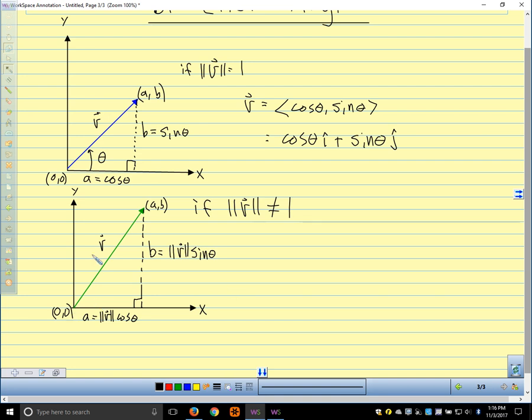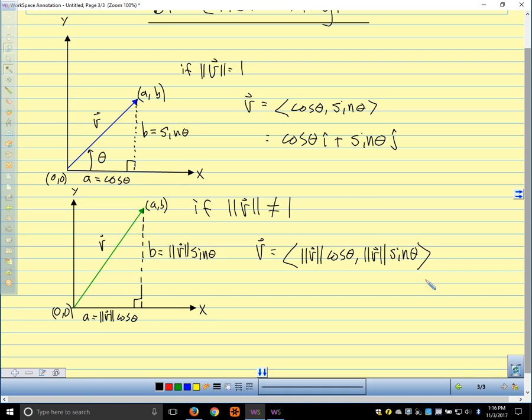The magnitude of v is the hypotenuse of that triangle. And we can write that v then, in component form, is <magnitude of v cosine theta, magnitude of v sine theta>.